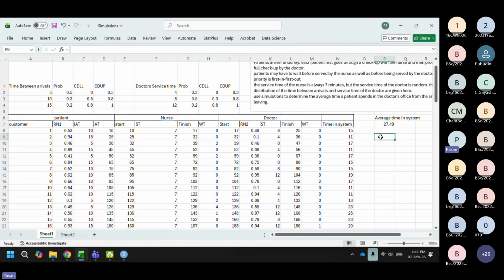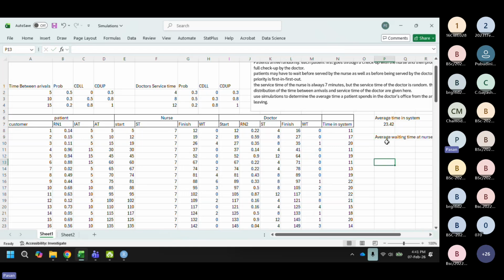Then we can calculate the average waiting time at the nurse, right?